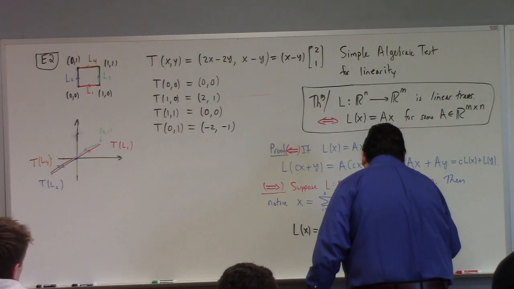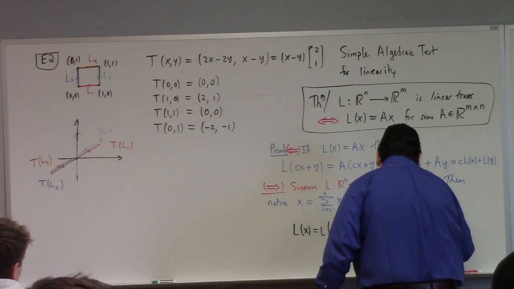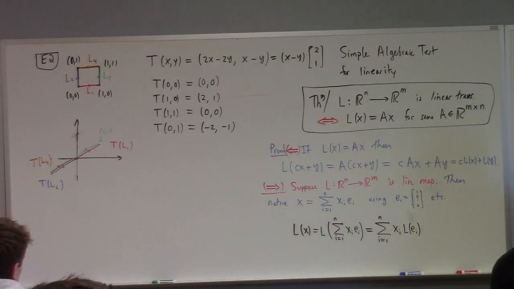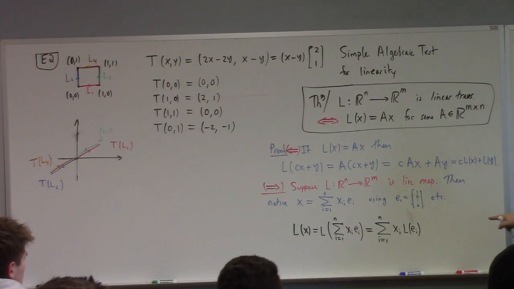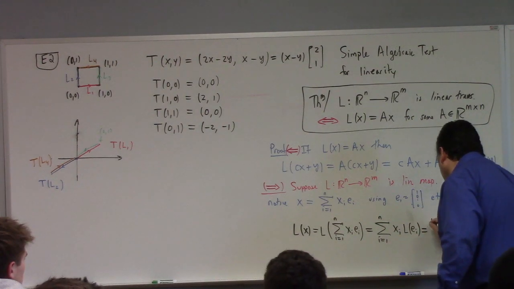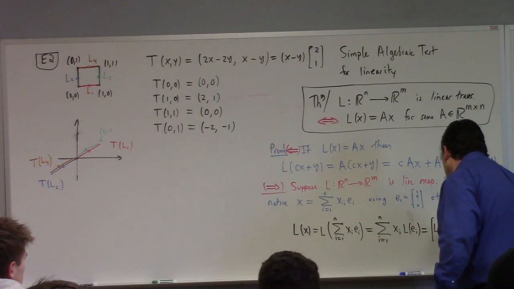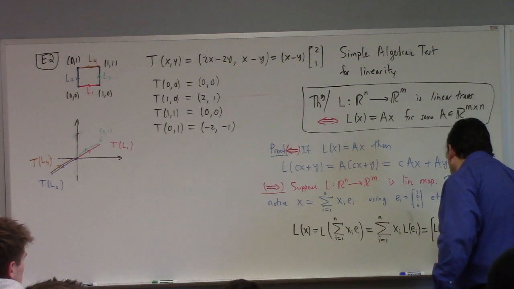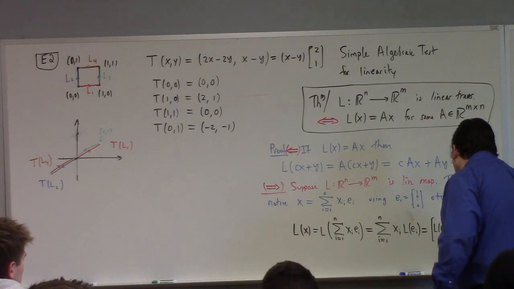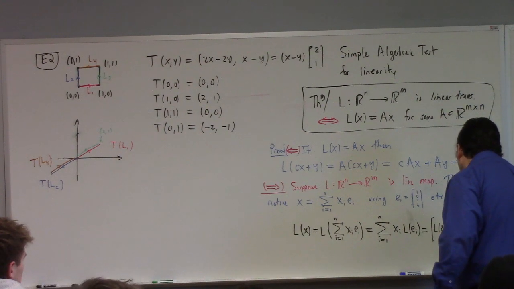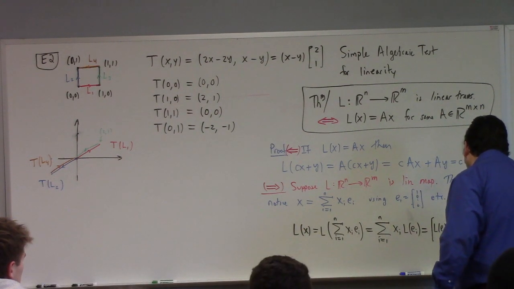Pull the constant x sub i out, and I've got L of e sub i. But what is this formula? Well, we know what this formula is because we studied matrix multiplication as a weighted sum of column vectors. So I can rewrite this expression as the following matrix multiplication. This is nothing more than the matrix with columns L of E1 through L of En, times the vector x1, x2, through xn.